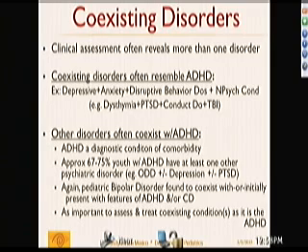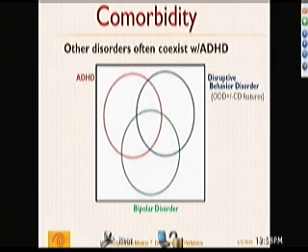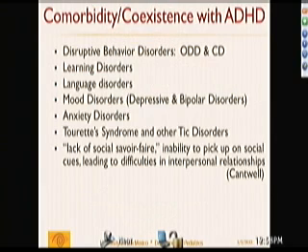So it becomes as important to assess and treat these conditions as it is the ADHD. So we see overlapping coexisting domains that often resemble ADHD, and we often see other conditions that coexist with ADHD. And there are many of these conditions that coexist with ADHD.